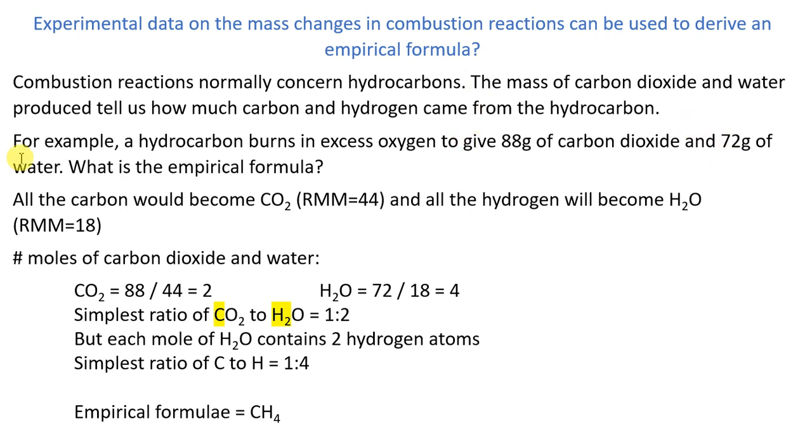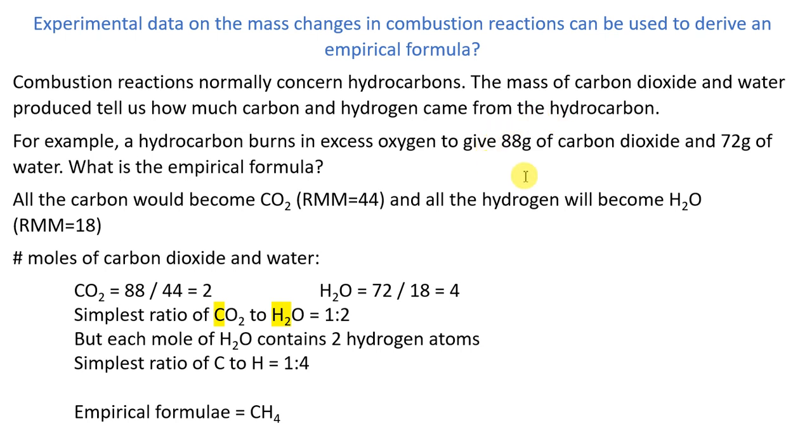For example, a hydrocarbon burns in excess oxygen to give 88 grams of carbon dioxide and 72 grams of water. What is the empirical formula? Well, of course, I am going to have to go from mass into moles. But first off, all of the carbon would become CO2. Relative molecular mass, 44. All of the hydrogen will become H2O. Relative molecular mass, 18.